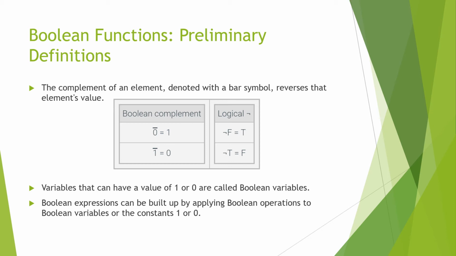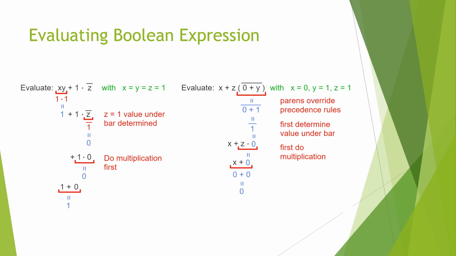So if you apply different Boolean operations on Boolean variables or the constants 1 or 0 in a nested way, for example, you apply one Boolean operation on a set of variables and then apply the result on another variable using another Boolean operation, this way you can build a Boolean expression. In the next slides, I'm going to show you some examples.